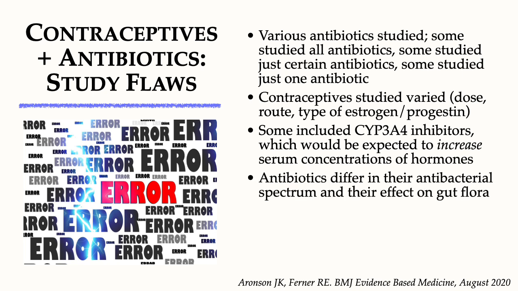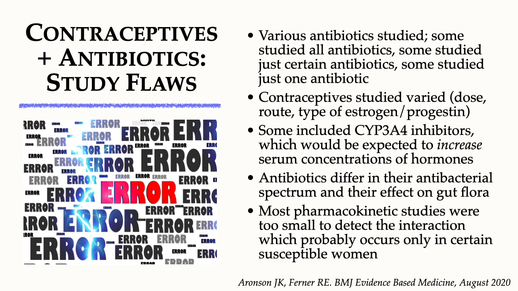Now, antibiotics differ in their antibacterial spectrum and their effect on gut flora, which is the supposed mechanism for this interaction. So looking at all different types of antibiotics, it doesn't make any sense. And most of the pharmacokinetic studies were way too small to detect the interaction, which probably occurs only in certain susceptible women.